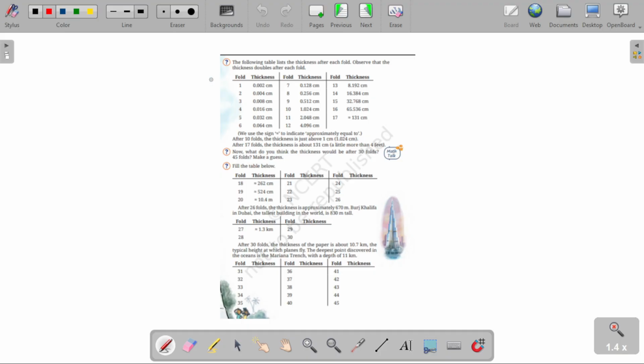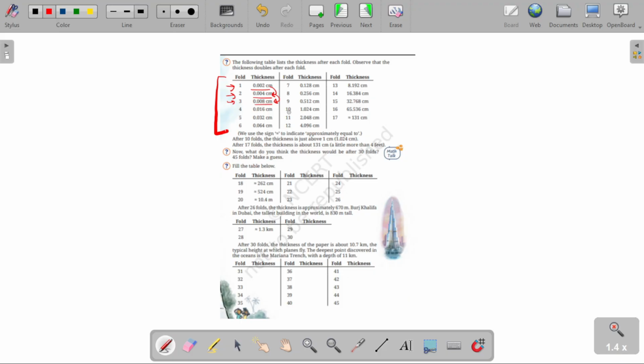You are given a fold and thickness table where they have discussed every fold and the thickness of the paper. With the first fold, as we have discussed, it is 0.002 centimeter. With the second fold, it is 0.004 centimeter, which is double of the previous one. In the third fold, it is 0.008 centimeter, double of the previous one, right?